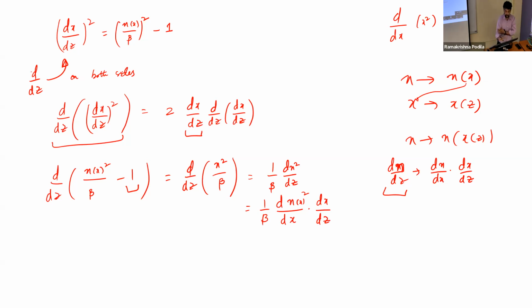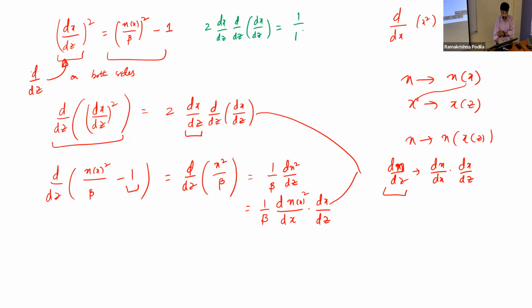So now these two parts should be equal because we just basically did the derivative on the left-hand side and the right-hand side. So then I can write this as 2 dx by dz, d by dz of dx by dz is equal to 1 over beta dn squared of x divided by dx times dx by dz.